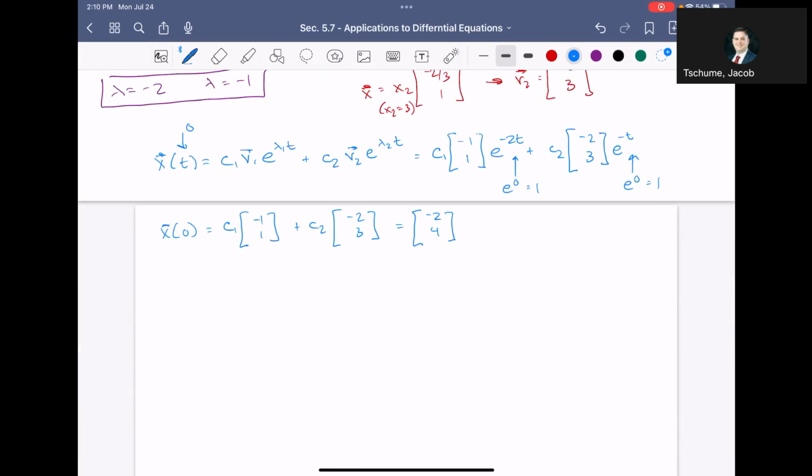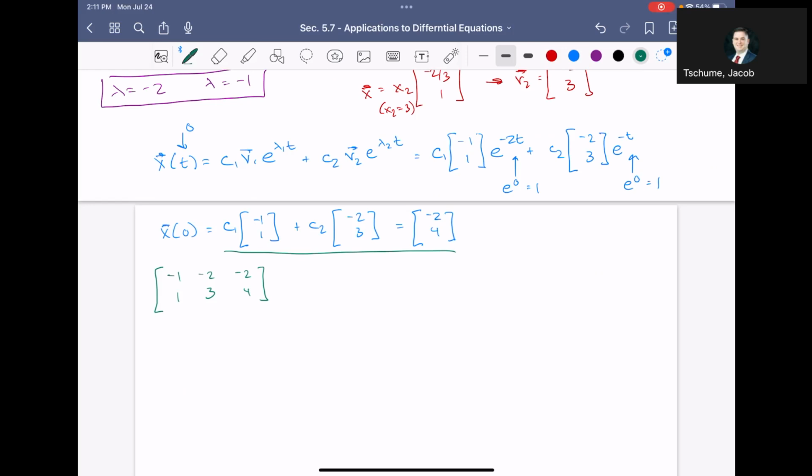If you notice, you have just found this to now be a vector equation, which we've been covering since the very beginning of chapter 1. To solve a vector equation for unknown constants, you have to set up an augmented matrix. So I would set up the matrix -1, 1, -2, 3, and we want this to equal -2, 4.